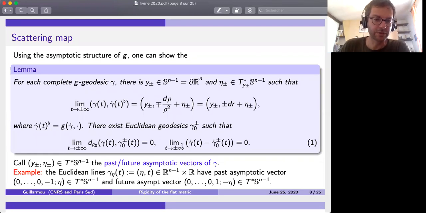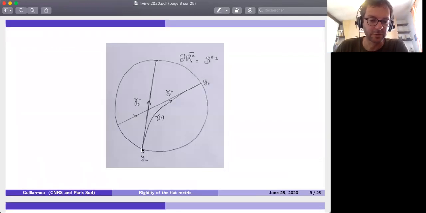So let me show you the picture. Here you see on the picture I have my gamma of t. I draw the compactification of Rn. So gamma of t is this geodesic for G. In the future, it's approaching a point y plus, which is really given by the asymptotic direction of my geodesic. In the past, it's going to approach y minus.